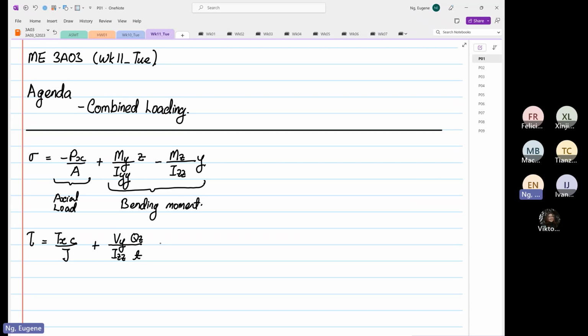So we know that this first term is due to the torque, and this term over here is due to the shear force.